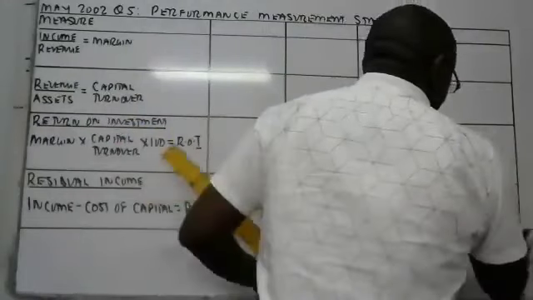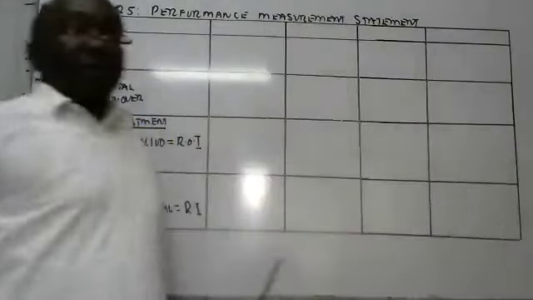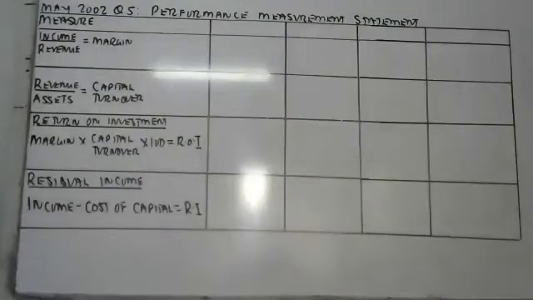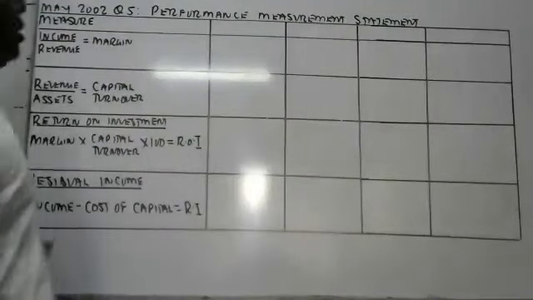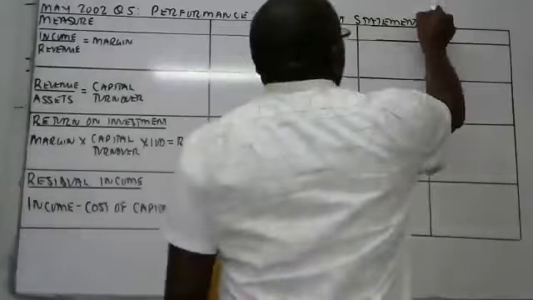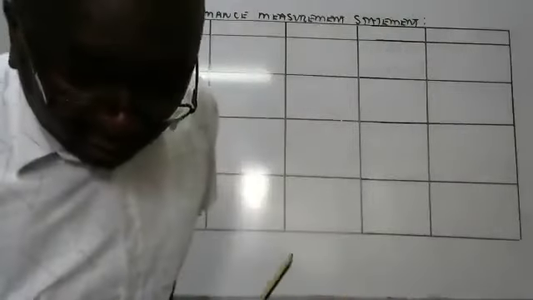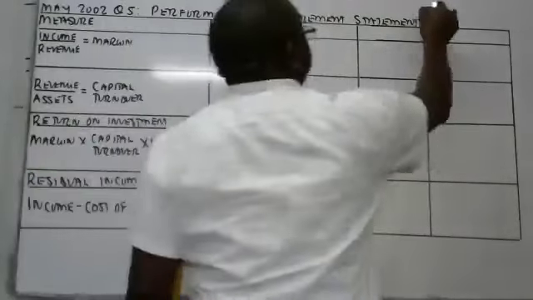So we can have a table like that to summarize everything. And we are doing it for 2001.